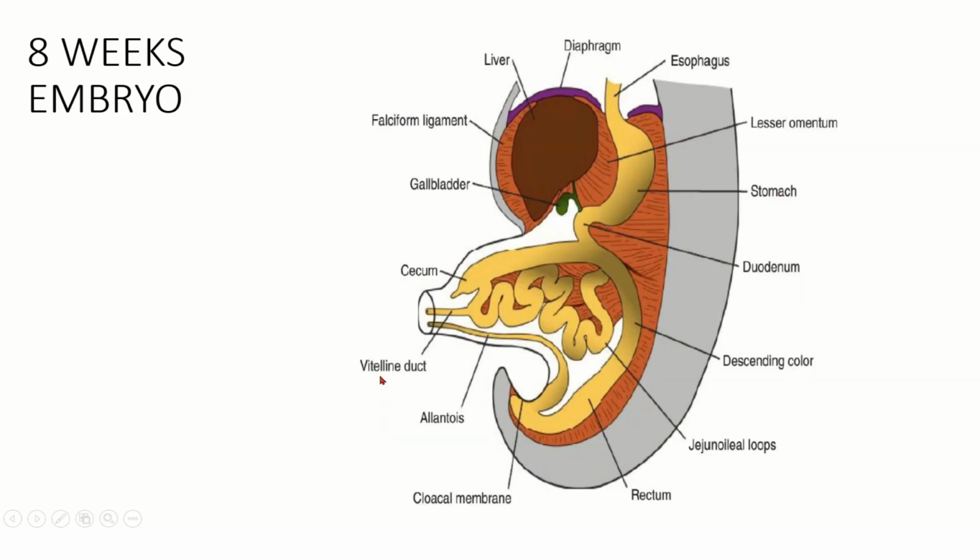Now, what are the reverse factors which are helping in re-entry of the midgut loop back into the abdominal cavity? That is reduced growth of the liver, and increased abdominal size. These are the two factors which are helping in re-entry of the midgut loop back into the abdominal cavity.